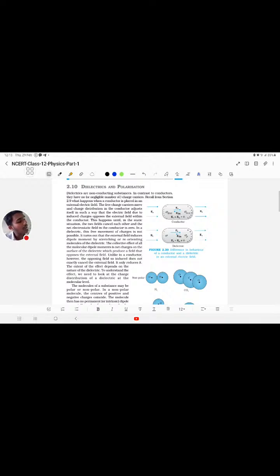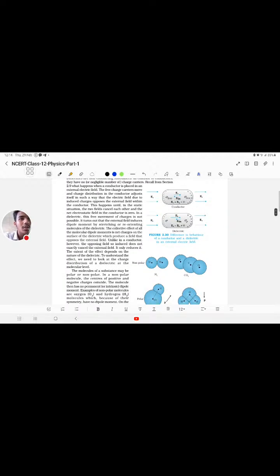The negative charge carriers will move against the electric field, and will be induced near the end to which the field is directed, and the positive charge will move away from that end. Then a net electric field is produced due to the separation of charges, that is E induced, which will be in the opposite direction to the external electric field. This happens until, in the static situation, the two fields cancel each other and the net electrostatic field is 0.